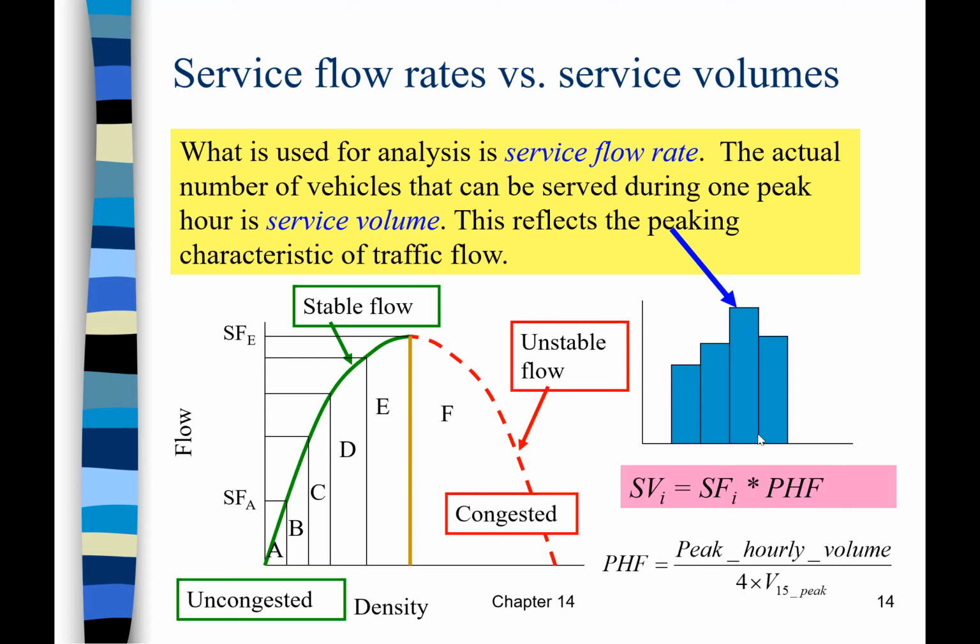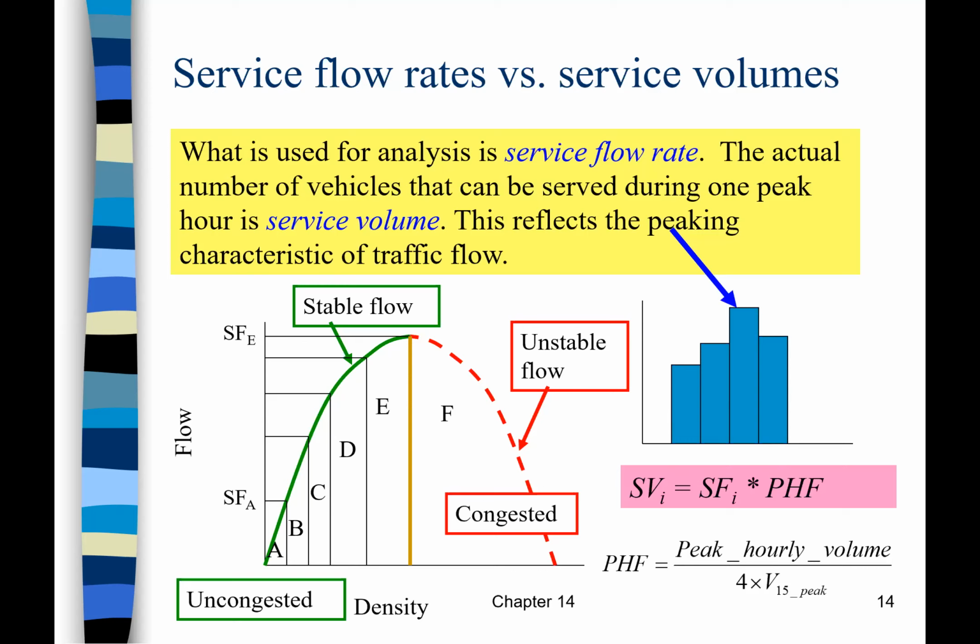The third column shows the highest peak. This is the V15 peak. You use the volume over here at this point times 4, so the denominator is going to be a higher number. The peak hourly volume is the total volume of all flow.